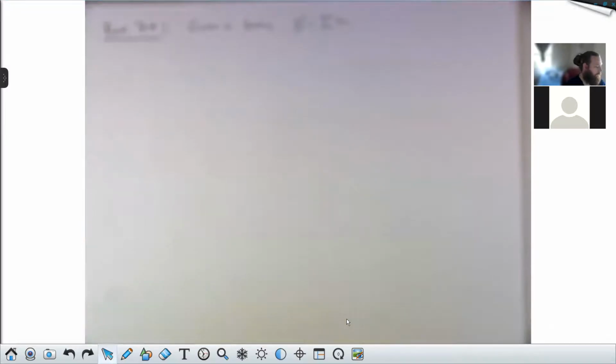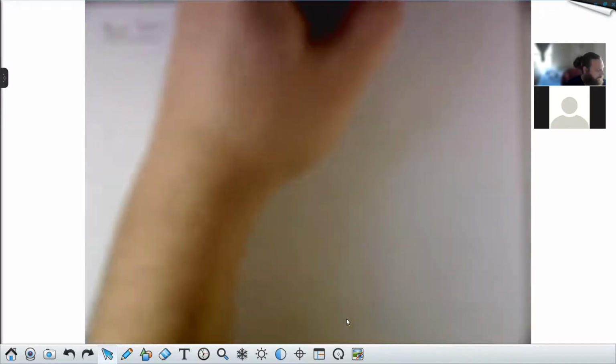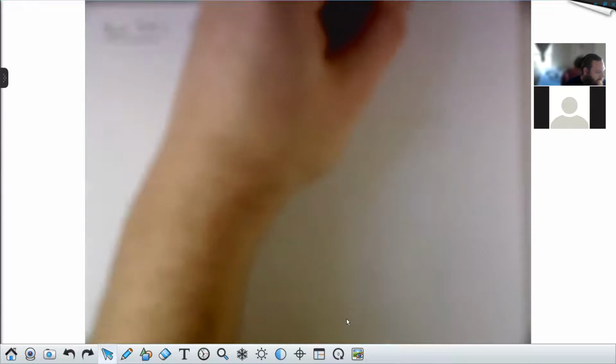Calculate this number, we'll call it L, as the limit as n goes to infinity of the nth root of the absolute value of an.